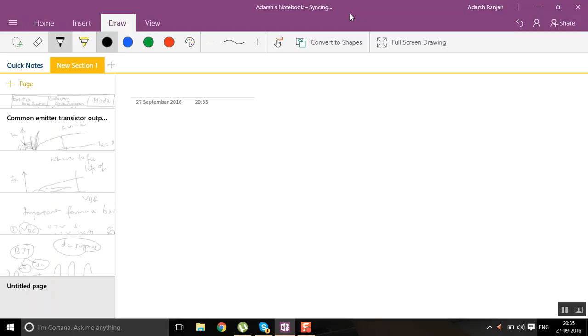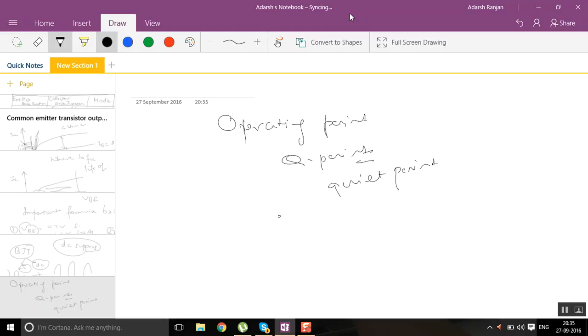But see, we called the operating point the Q point. Q point means quiet point or the still point. So this point should not move ideally.